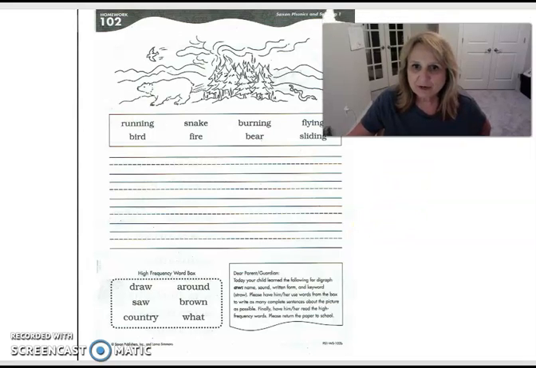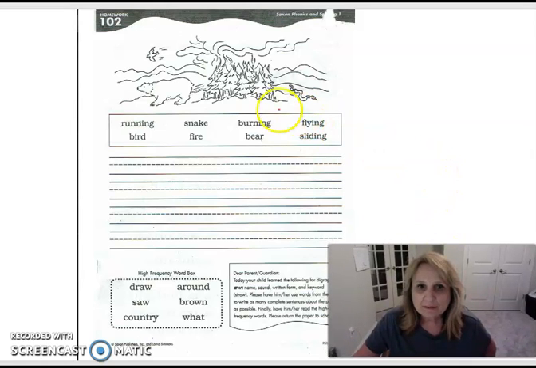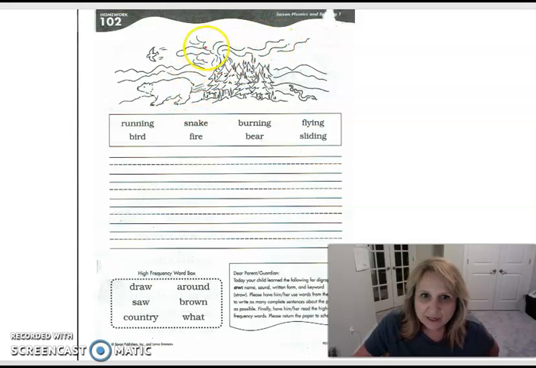I'm going to move my video down here. We get to look at the picture and see what's going on up here, and then we get to write some sentences, okay? It looks like there might be a forest fire going on. I see some smoke and some flames, the bears running away, the snakes running away. Let's look at our words.